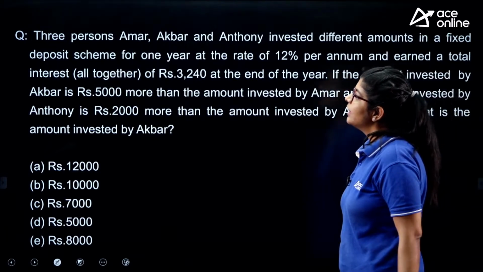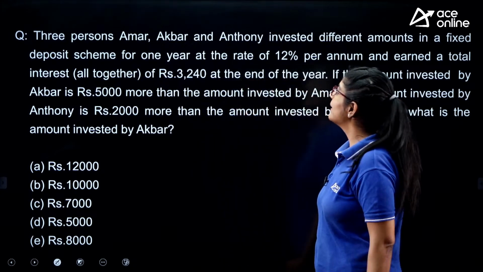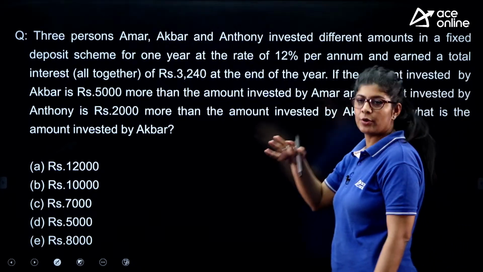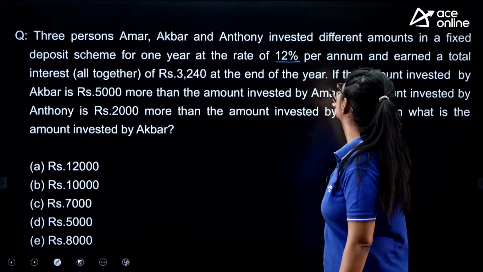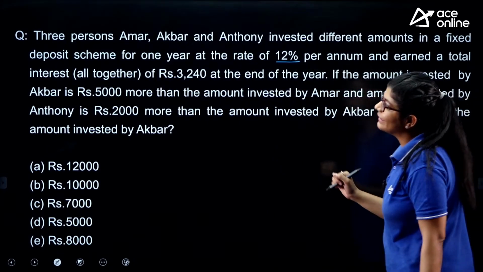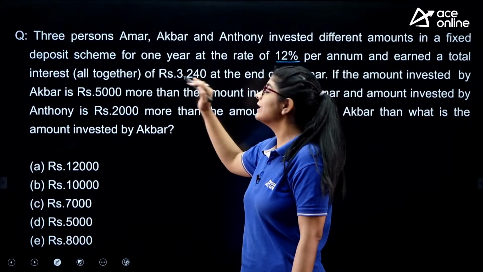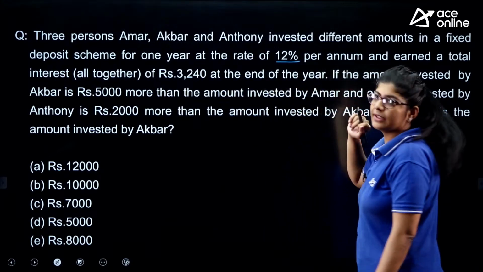Next one. The next question says that 3 persons, Amar, Akbar and Anthony, invested different amounts in a fixed deposit scheme for 1 year at a rate of 12% per annum and earned a total interest altogether of rupees 3,240 at the end of the year.